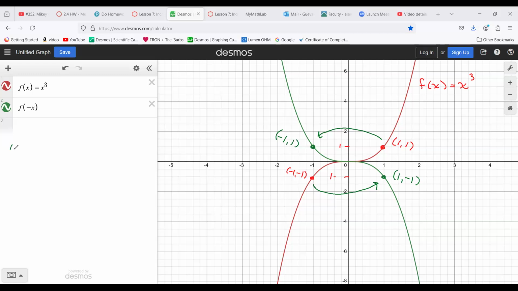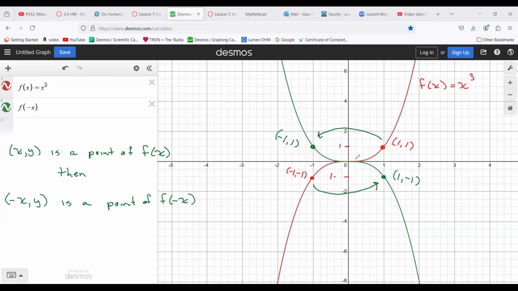So as we had said before, if (x, y) is a point on f(x), then what we should see is that the point (-x, y) is a point of the function f(-x).